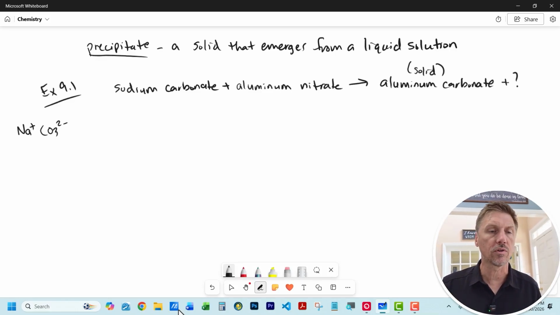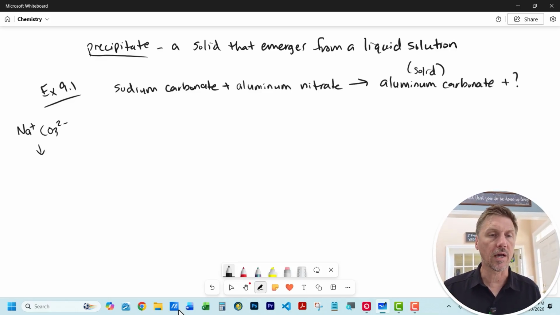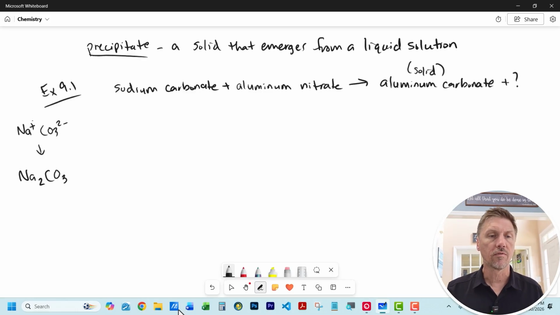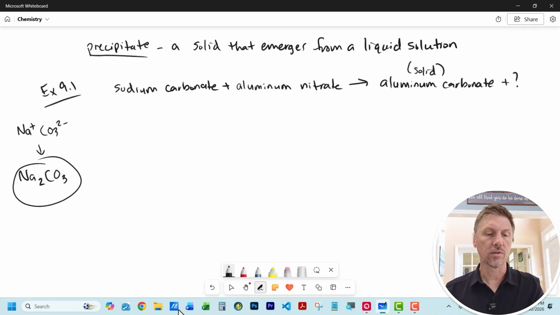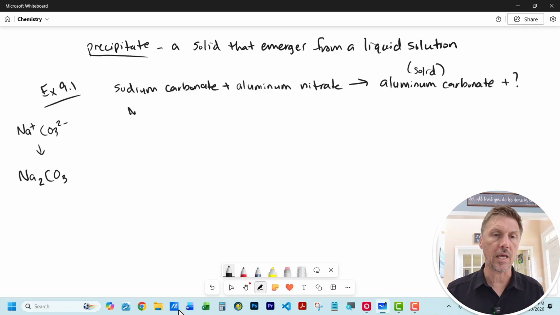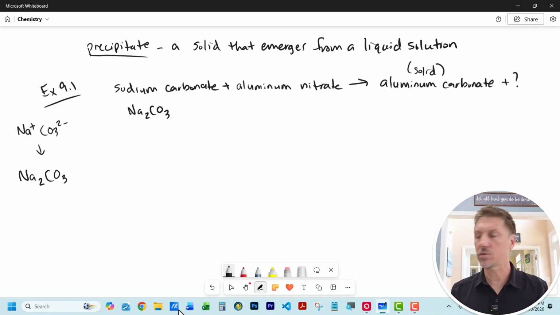So we swap and drop those, and when we do, we get Na, and the 2 comes over to the Na, and then we're left with CO3 that gets the 1 from the 1 plus on the Na, right? So swap and drop gives us that. So that's going to be our first substance, Na2CO3, right? Plus, and by the way, these are both solutions.